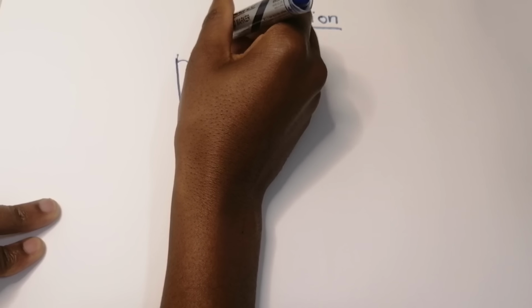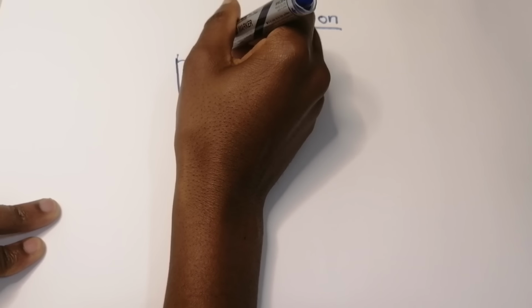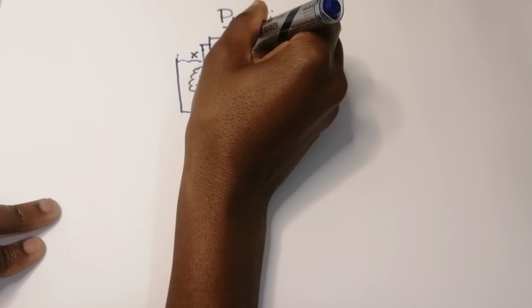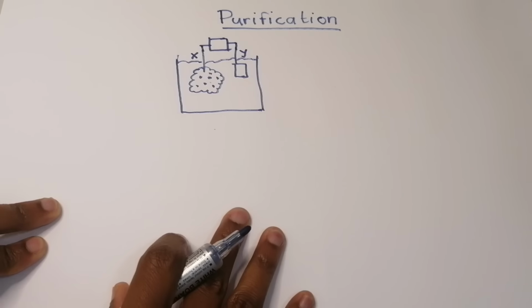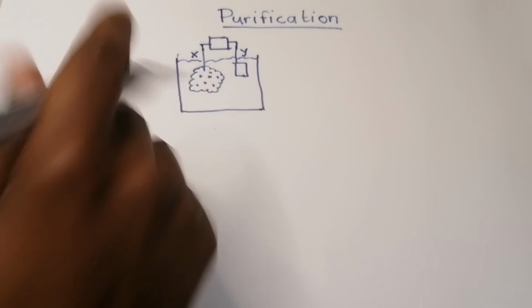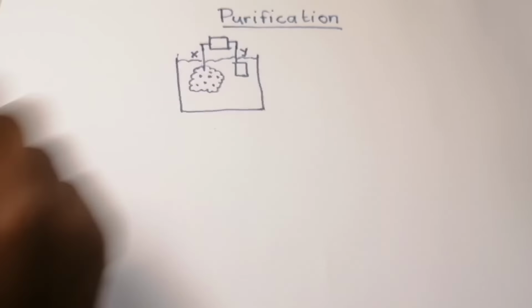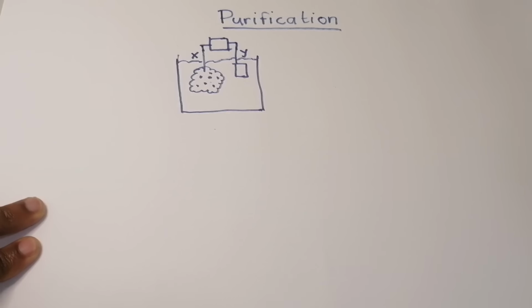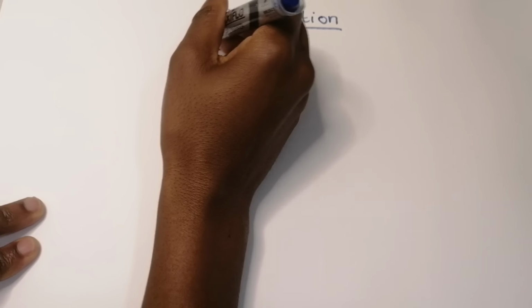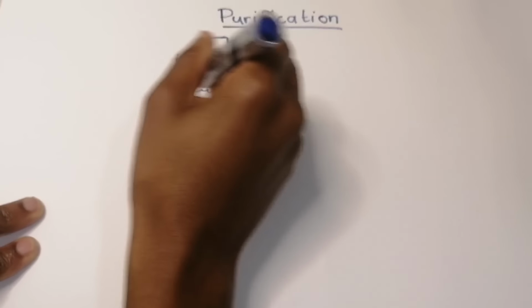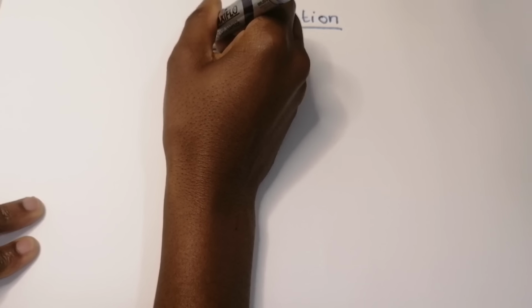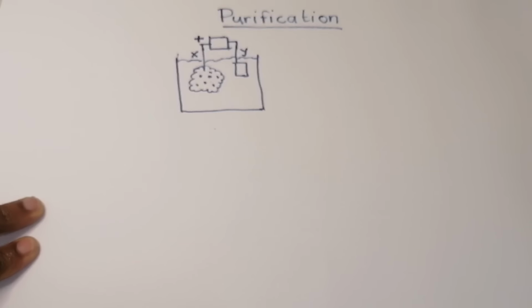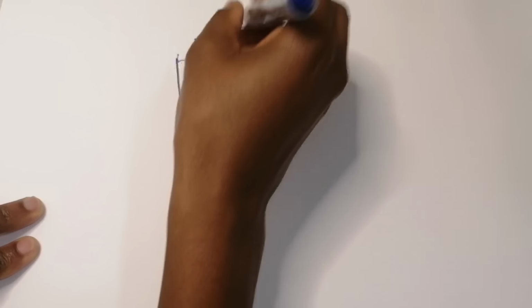Of course, you would connect this to a battery. Now I want to show you something very quickly. Under purification, the one that I want to break down, I would actually connect to the positive side of my cell, and the one that I want to form, I'm going to show you why that is the case.